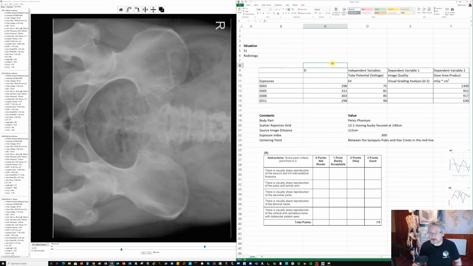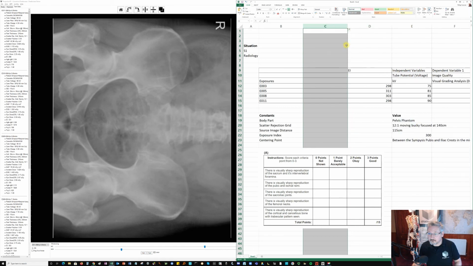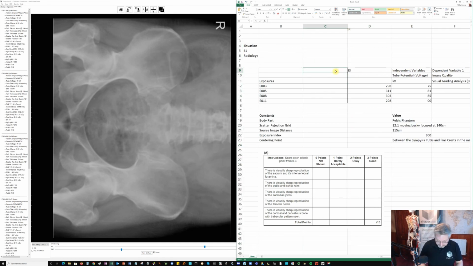I'm going to also insert the tube charge, because the tube charge isn't a variable. We do vary it, but it's only being varied to allow the exposure index to remain constant. They used an automatic exposure device in their study, so they didn't record mAs, but we're using a manual mAs to do this.